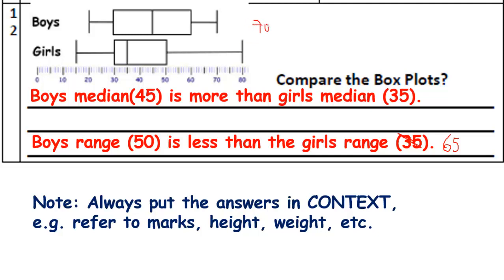So 70 take away 20, and that's 50. And over here it's 80 take away 15, which is my 65. That's how I worked out the range. Always put that on the side there. And remember, always put your answer in context.